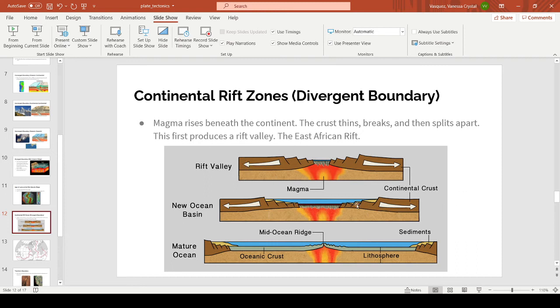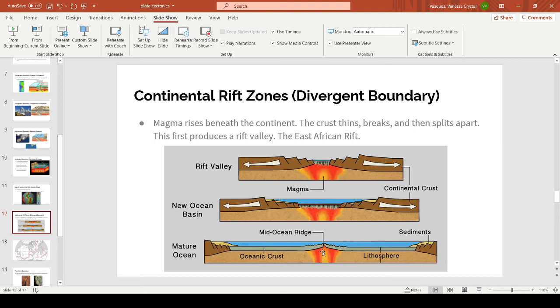So looking at this diagram, we see that first, when there is a divergent boundary occurring on land, the magma rises beneath the continent, the crust thins, breaks, and then splits apart, and this first produces a rift valley, which we can see here. So this rift valley creates oceanic crust, so it's forming a new ocean basin, and then next thing you know, a mature ocean is formed and it's separating the two continents.